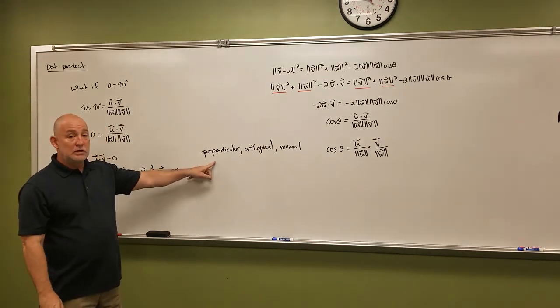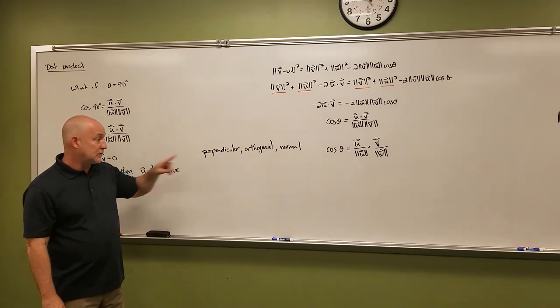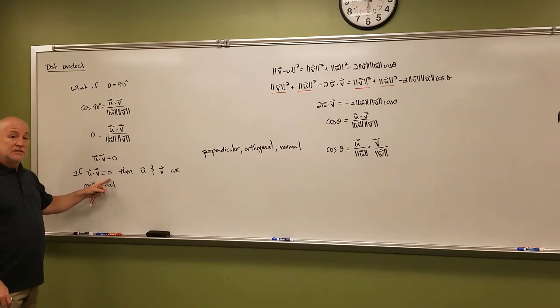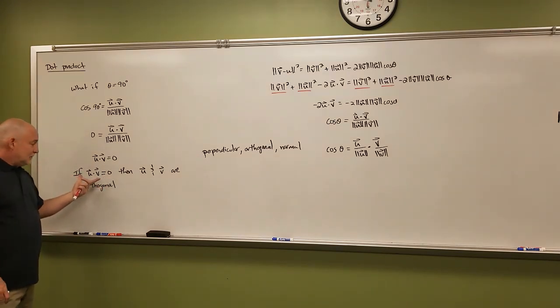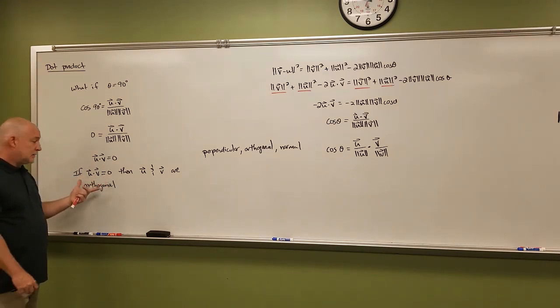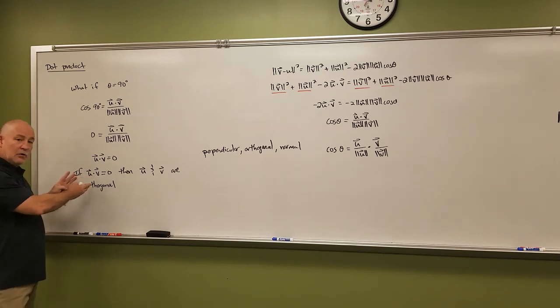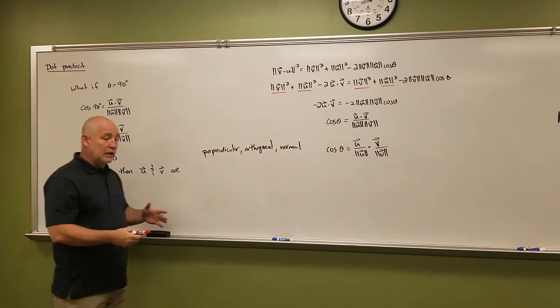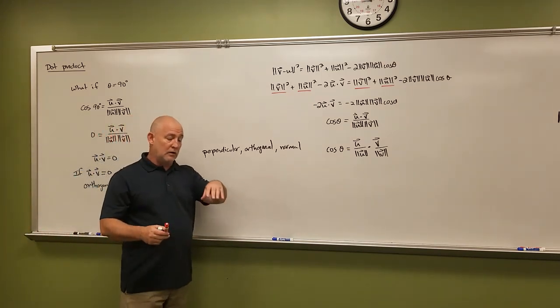Perpendicular means that two things meet at 90 degrees. Orthogonal means that their dot product is 0. Does that mean that they meet at 90 degrees? Yes and no, depending on a little bit later on. These things don't have to be vectors, they can be other things, so it gets a little bit more complicated there. And normal, again, means at 90 degrees, but normal we're talking about to a surface.